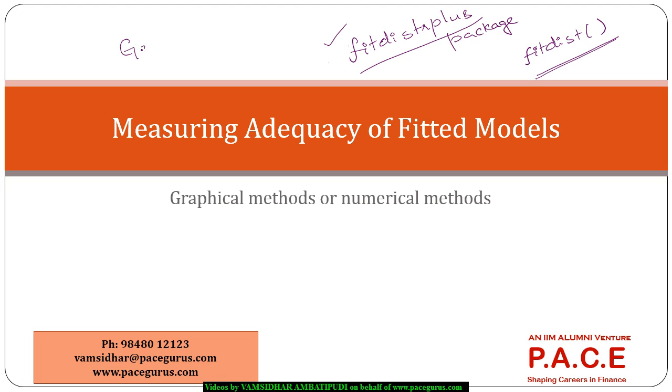So we have tried fitting a gamma distribution to a particular data, or I may think of fitting a normal distribution to a particular data, right? So now that we know how to fit a distribution to a given data, and based on that get an estimate of the parameters of that distribution.